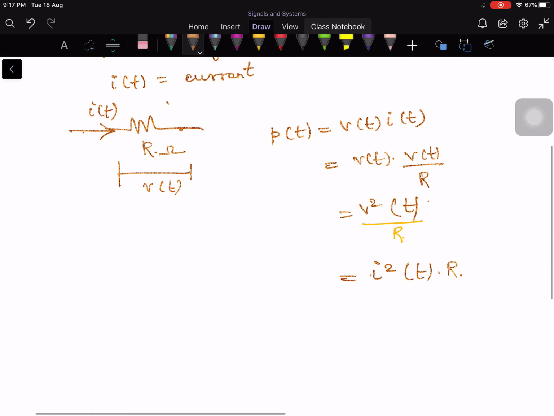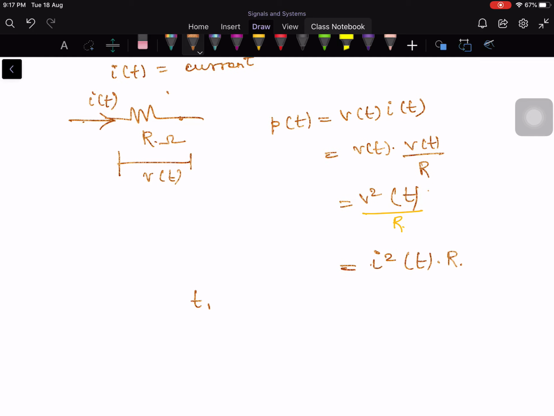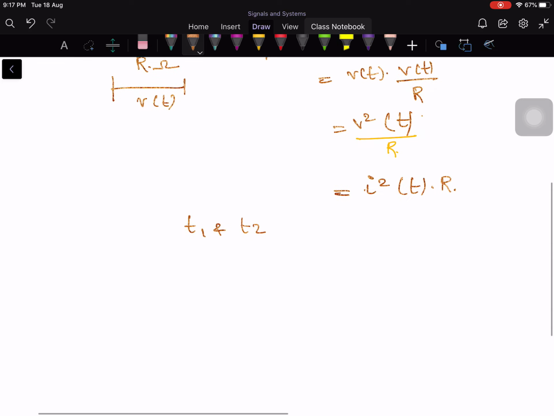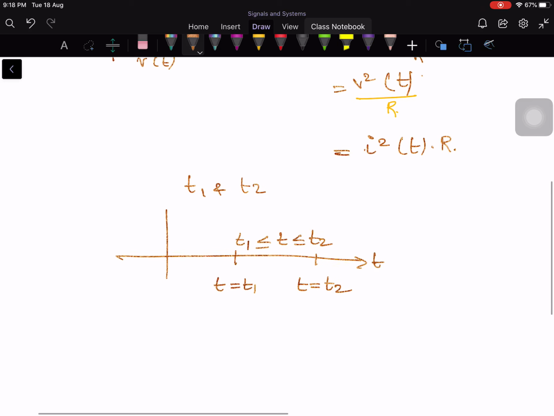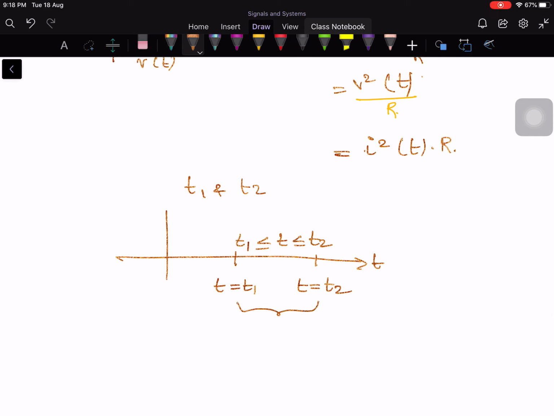Now suppose you want to find the total energy expended over a time interval, let's say t1 and t2. So you have the time axis, you choose time t equal to t1 and some other time instant, t equal to t2. Therefore your t lies between t1 and t2. Now you want to find the energy between t1 and t2.